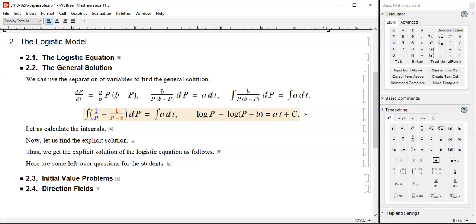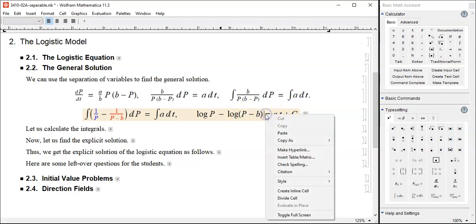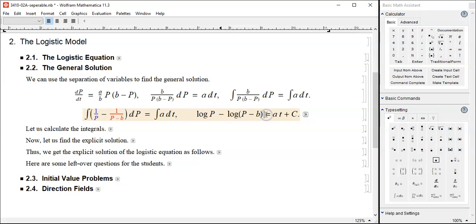Okay, did I do everything correctly here? By the way, this came from blue and that came from red. I guess that's clear. All right, anti-differentiation is done and we got the implicit solution, but we are far from there.